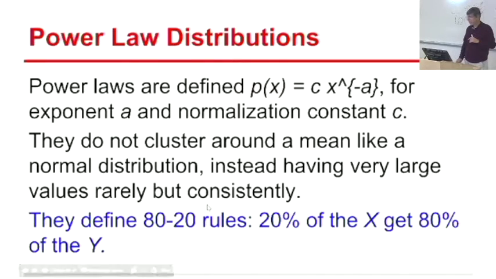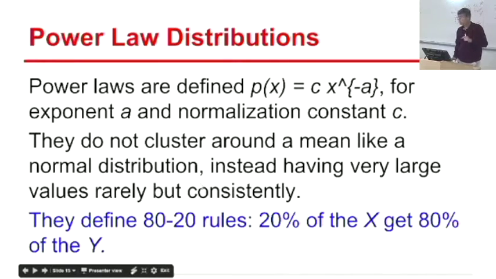Okay? Any questions? Power law rules are kind of the 80-20 rules of the world. The 80-20 rule says that 80% of the wealth is held by 20% of the people, right? That's the kind of a rule that gives you a power law.